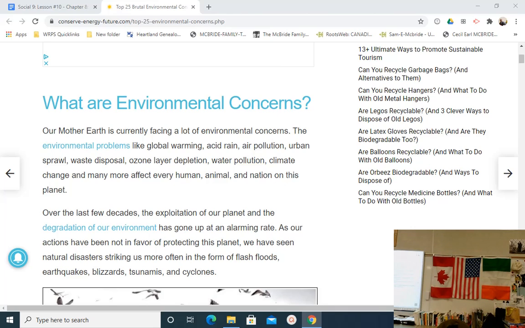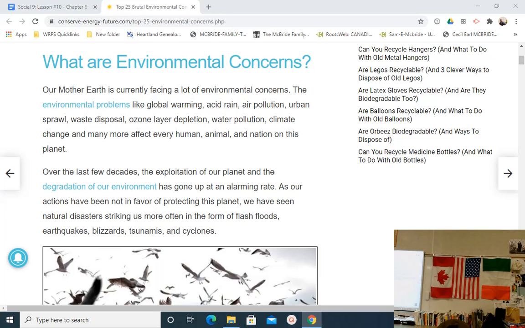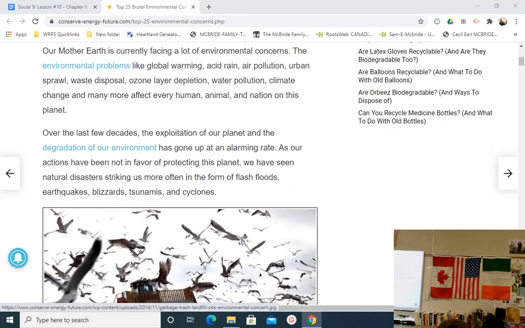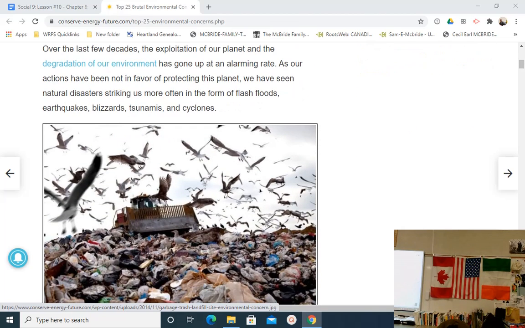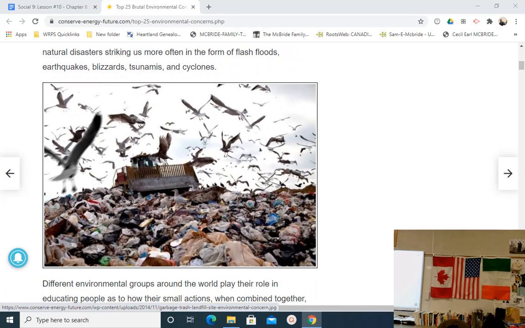So, over the past decades, the exploitation of our planet and the degradation of our environment has gone up at an alarming rate as our actions have not been in favor of protecting this planet. We have seen natural disasters striking us much more often. We have flash floods, earthquakes, blizzards, tsunamis, and cyclones.